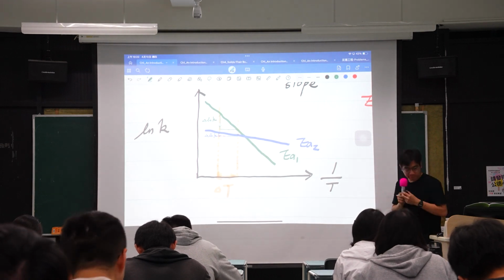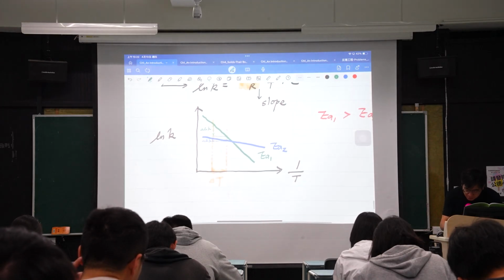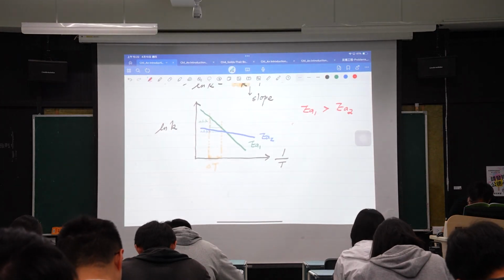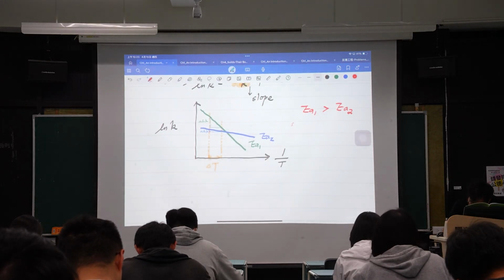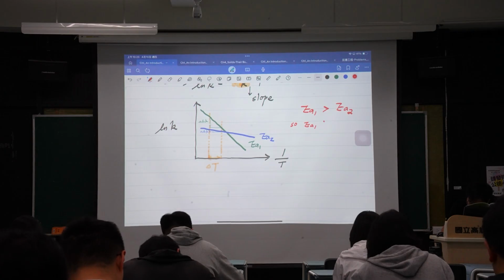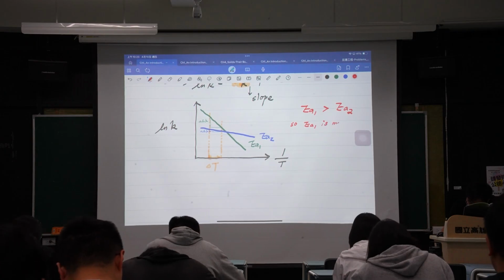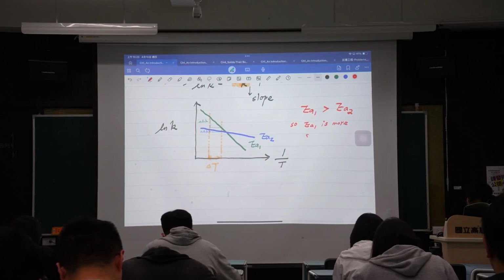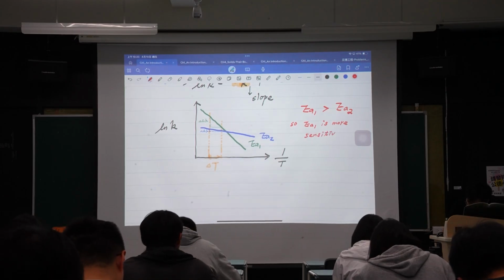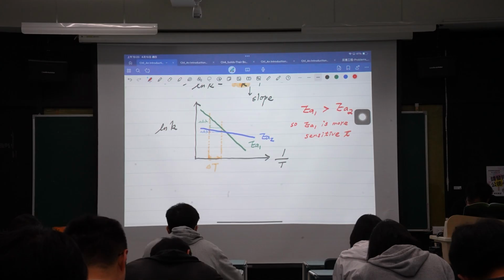Ea1, right? So Ea1 is more sensitive to temperature.